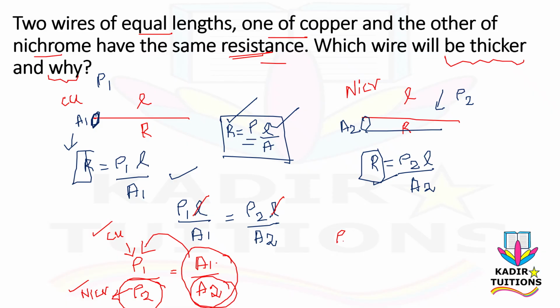Since rho 2 is greater than rho 1, obviously A2 is going to be greater than A1. Then what is the meaning? A is nothing but the area of cross section, right? So the area of cross section of the nichrome wire is going to be more than that of the copper wire. Then which is thicker? Obviously the nichrome wire is thicker. Hope you understood. We'll see extra problems in the next video. Thank you.